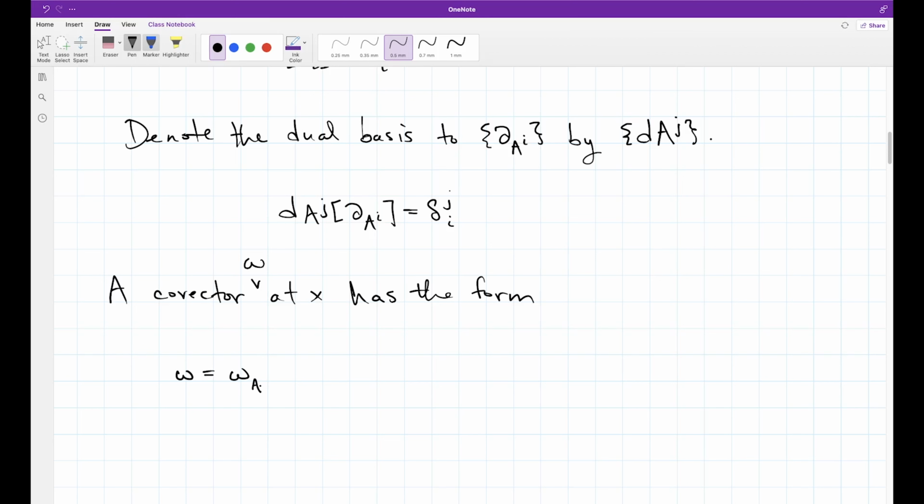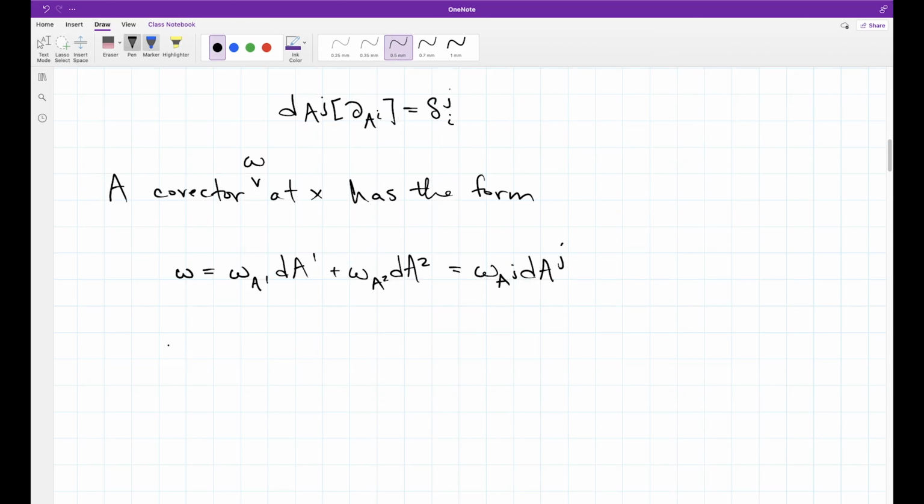So we'd have omega sub a1 d a1 plus omega sub a2 d a2, and let's just imagine we have 2. Or we could write this using our Einstein summation notation in this way.